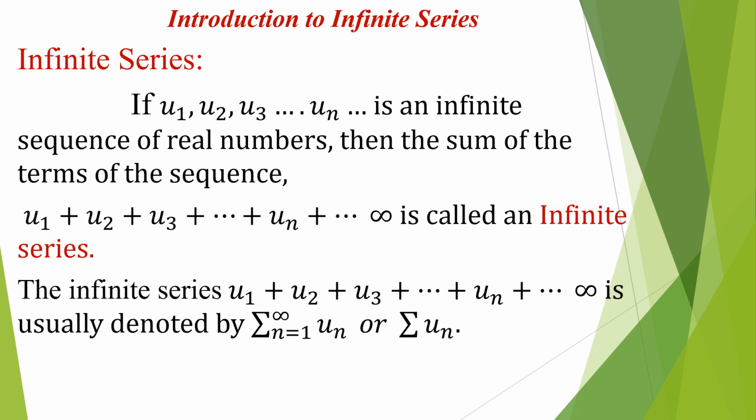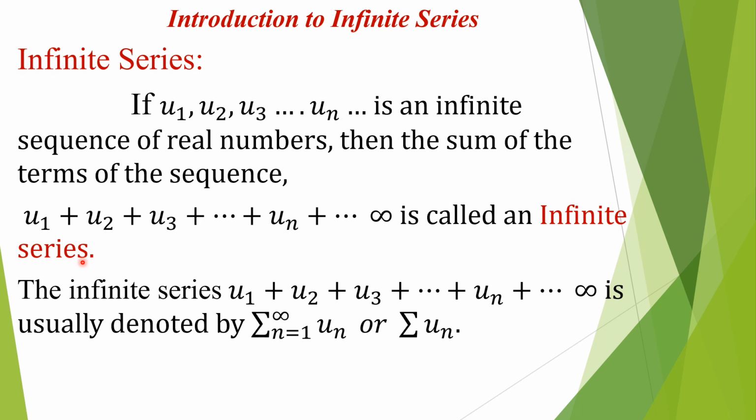From the sequence, now we'll go ahead and see how it becomes an infinite series. See, if u1, u2, u3, un is an infinite sequence of real numbers, as we have discussed in the sequence, then the sum of the terms of the sequence, so if we take their addition of terms, is called an infinite series.